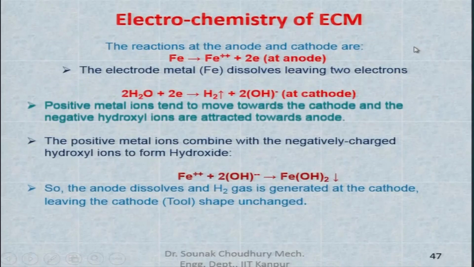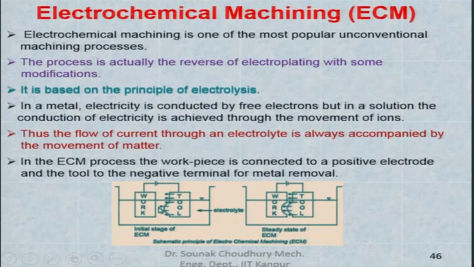Now, here is the electrochemistry of the electrochemical machining. The reaction at the anode means, we mean to say that this is the anode, and this is the cathode. The tool is the cathode. So, let us say this is the copper material.